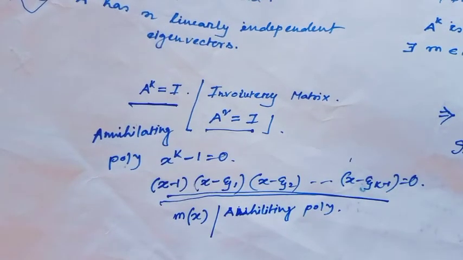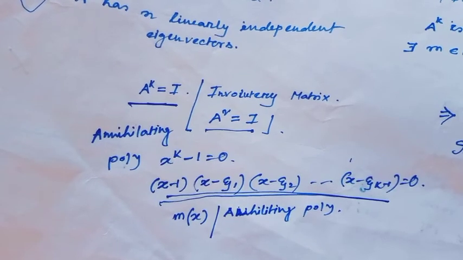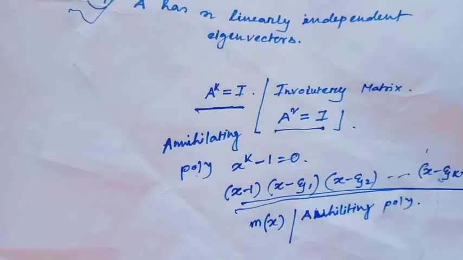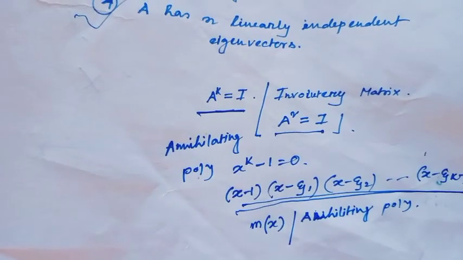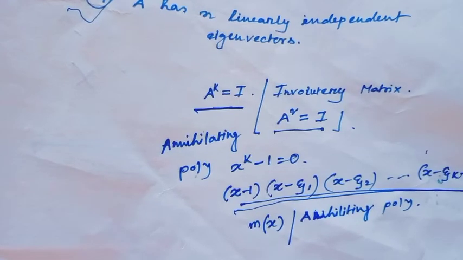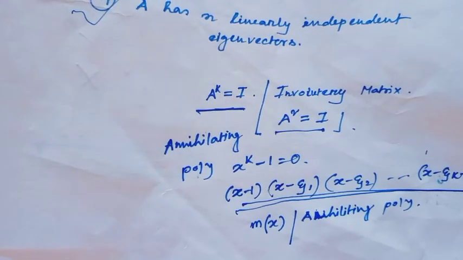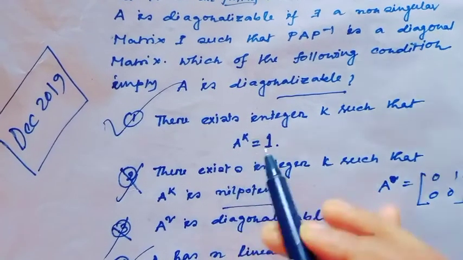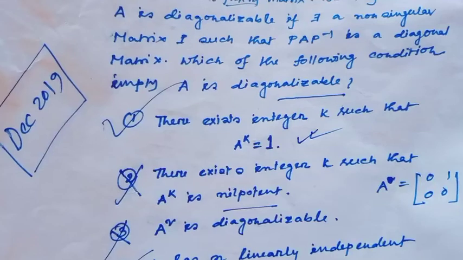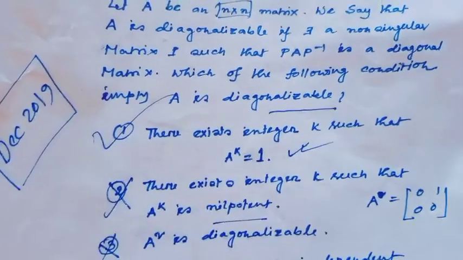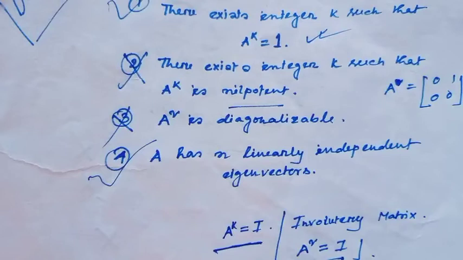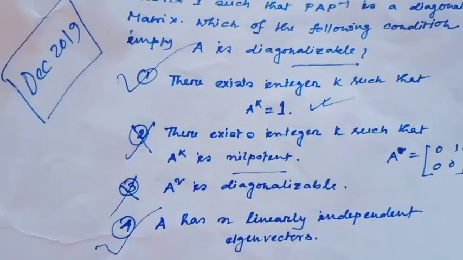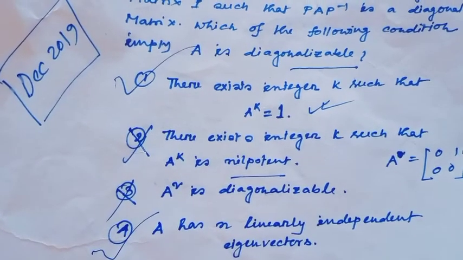So when the minimal polynomial is a product of distinct linear factors, then A would always be diagonalizable. So option 1 is a right option: there exists an integer k such that A to the power k equals I. That means option 1 and option 4 are right options, and option 2 and option 3 are wrong options. This is a very basic and conceptual question.